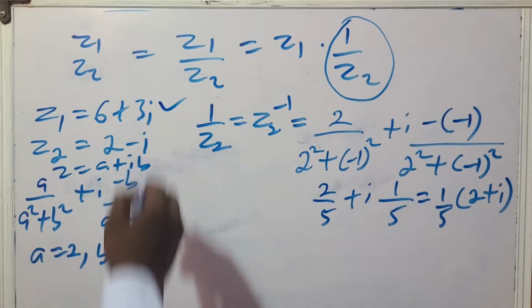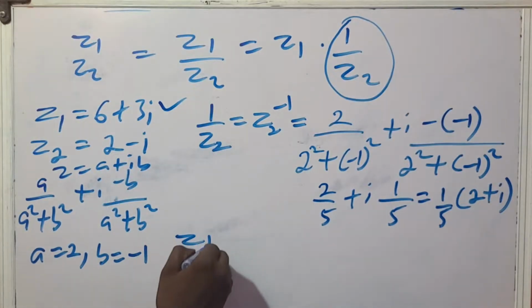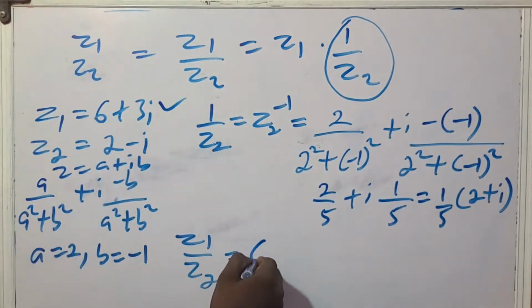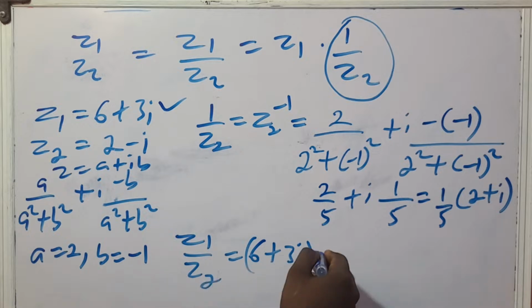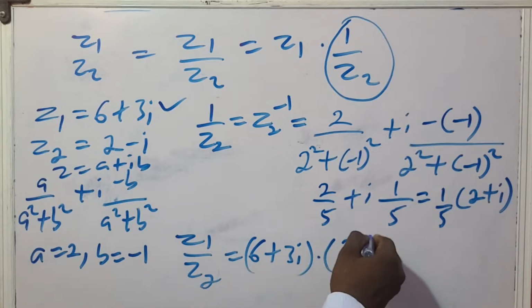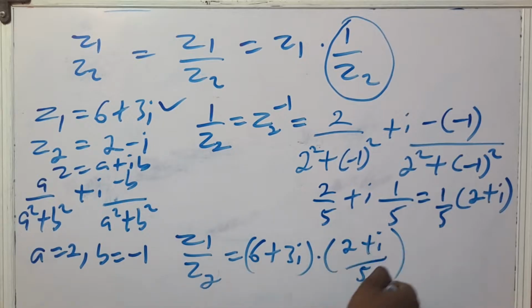This was z1. So to find z1 over z2, I will have to go on to have z1, which is 6 plus 3i. And then I will multiply this with the multiplicative inverse of z2, which is now 2 plus i over 5. So can you go on and do this multiplication very quickly?